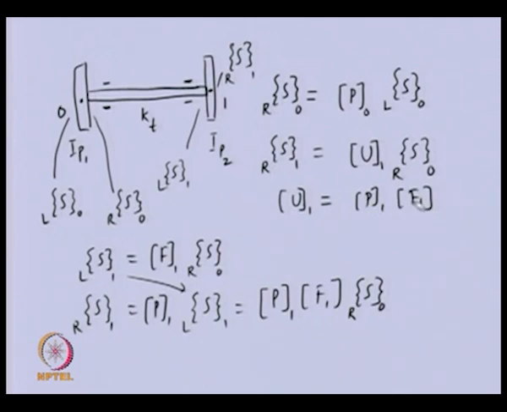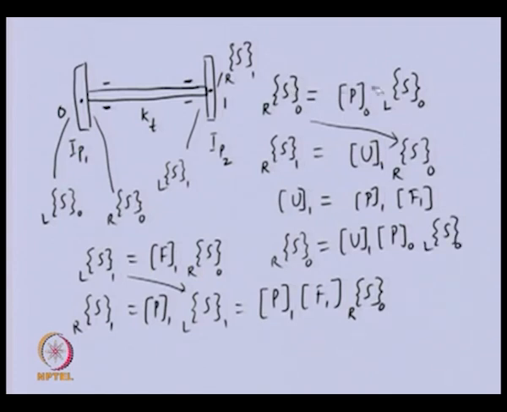Now we can get the state vector. You can see that here we can substitute this. So we can get the state vector right of 0 as U1 into P naught S left of 0.